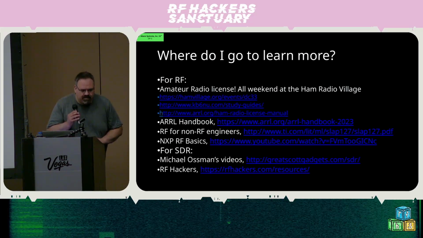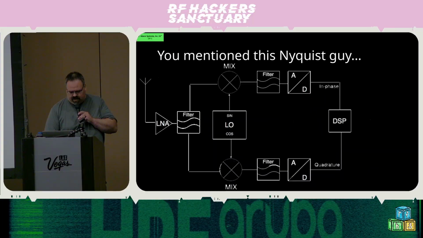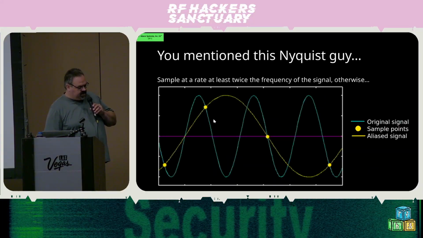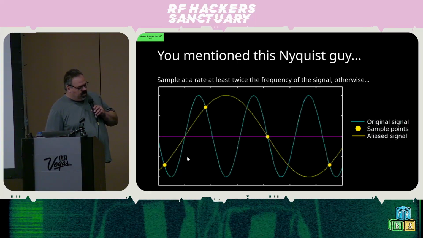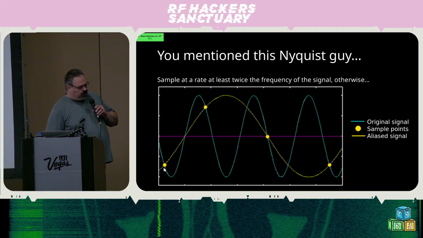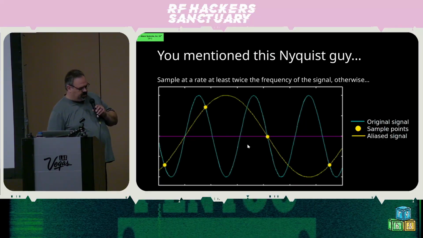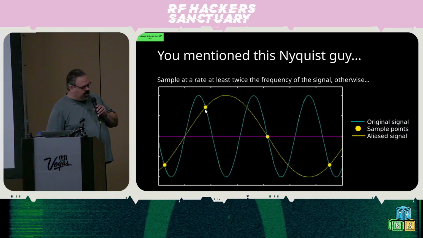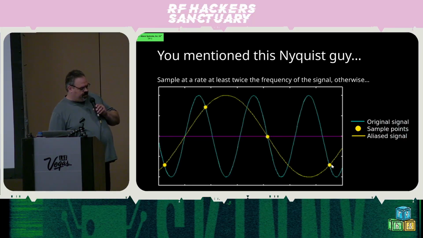Yes. Aliasing. Okay. Let me get back to my graph. So this teal signal is the one that we want to capture, but our sample rate is too low. And so as this teal signal is going along, we capture a sample here, and then a sample here, and a sample here, and a sample here.